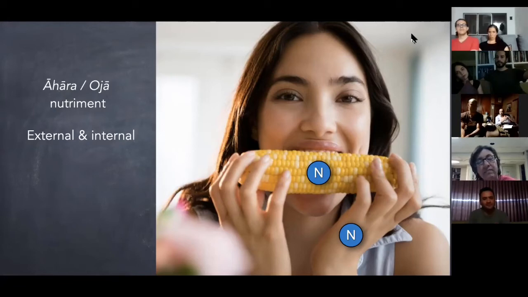So not only in the fat is there nutriment, but in every single material property there is nutriment. So we have to hold it in the mind like really, really tiny in that case.